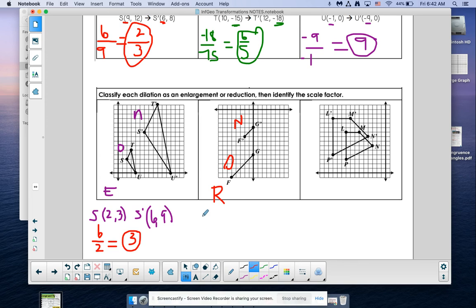Let's find the coordinates of F. Oh boy, you guys, I'm sorry.